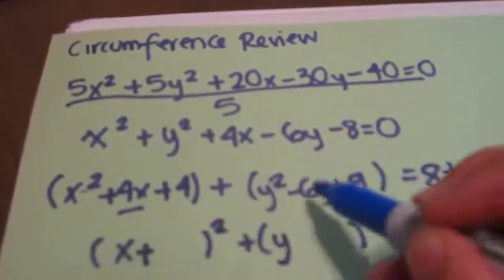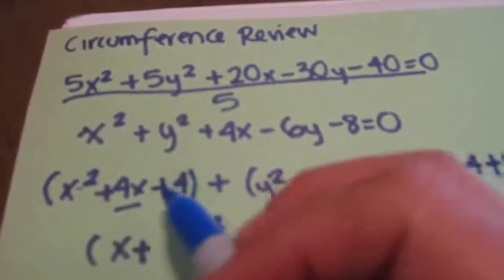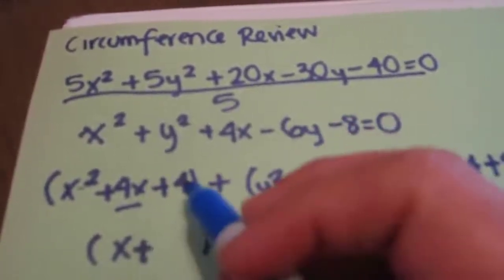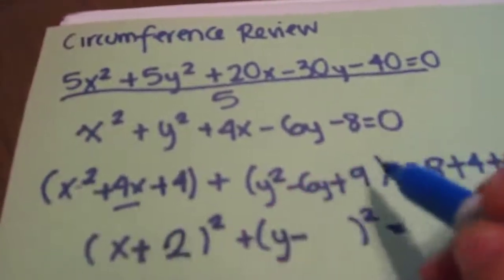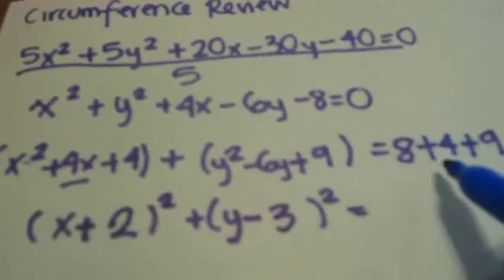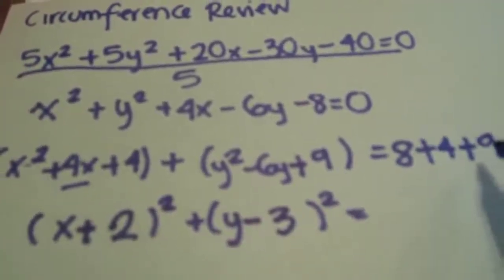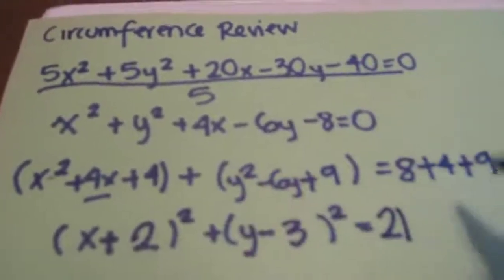In this one is positive, in this one is negative. And the third term is going to give you the second number. The square root of 4 is 2, and you write here 2. And the square root of 9 is 3, and you write here 3. 8 plus 4 is 12, plus 9 is 21. And here you have the standard form.